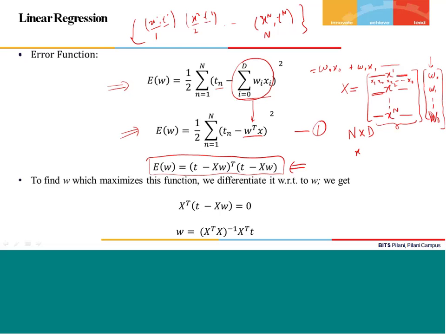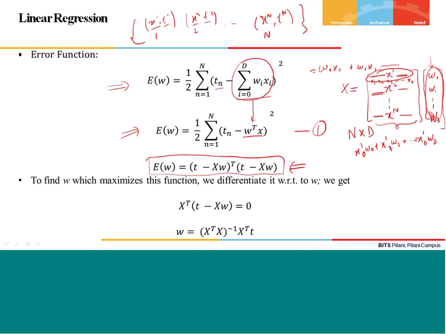For example, I am writing the superscript to tell which sample it is, and the subscript to tell which component it is. So x1 superscript 1 into w0 plus x1 superscript 1 into w1, sorry, it is x0, right? So this is x1 w1 up to x1 dimension d into wd. This is what I got when I multiply this row with this column.